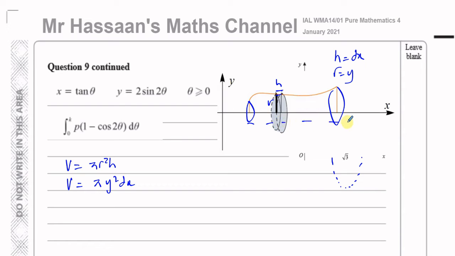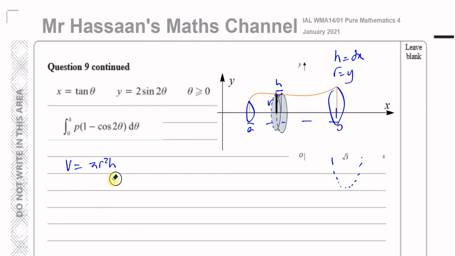Remember, this is a and this is b. If we find the integral of this between the limits a and b, we will find the volume of each of these cylinders and add them all together. That's what we're doing when we do this. So we're basically finding the volume. Let me write that in a neater way.